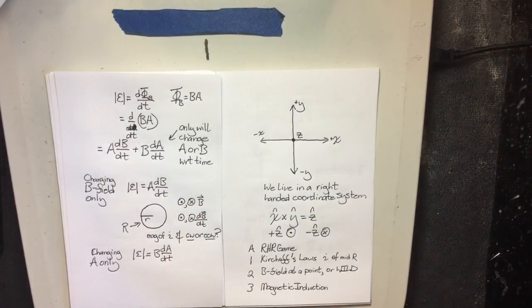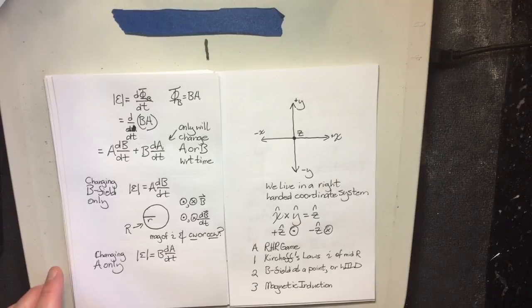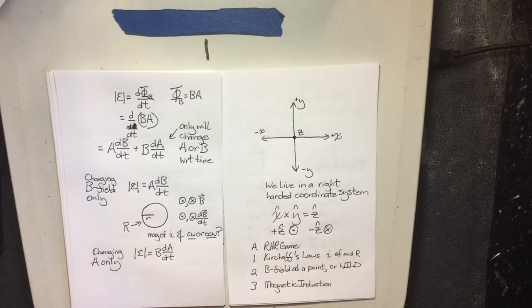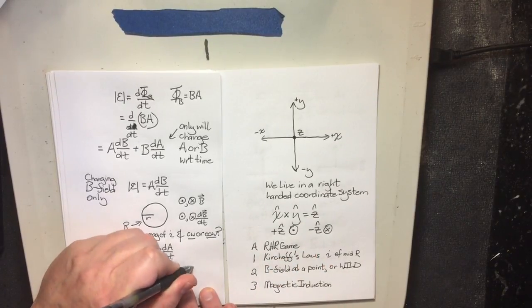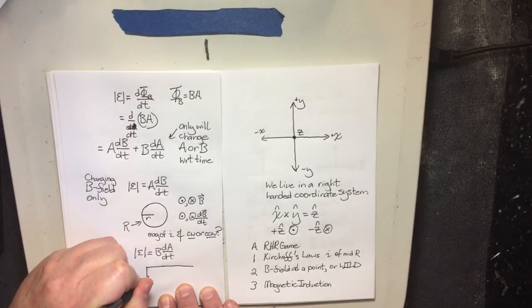To answer a problem like this, you're going to be given all sorts of information, but the primary thing that we're focused on at the moment is that this magnetic induction causes a current. Is the direction of the current clockwise or counterclockwise? What's the magnitude of the current? What's the magnitude of the electromotive force? Stuff like that. Right now I'm just describing the problems. For a changing area, it looks a little bit more complex.